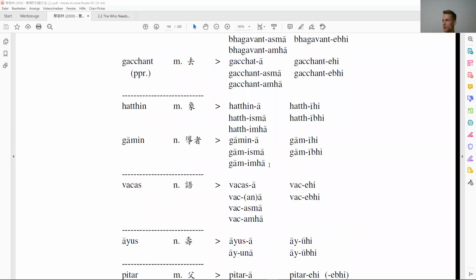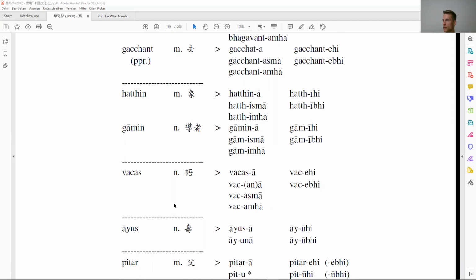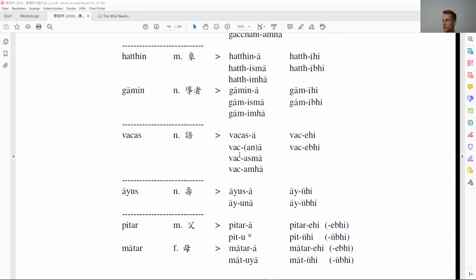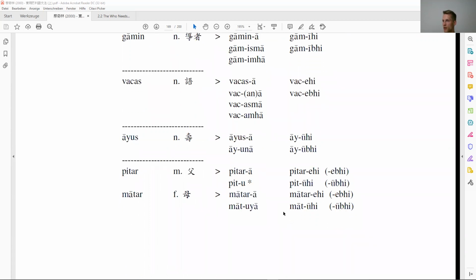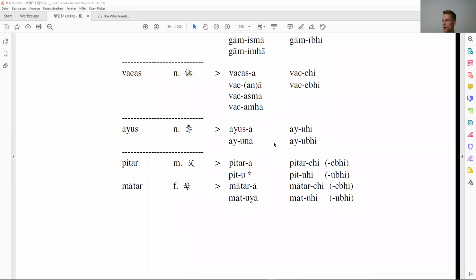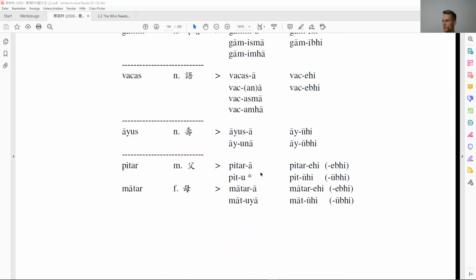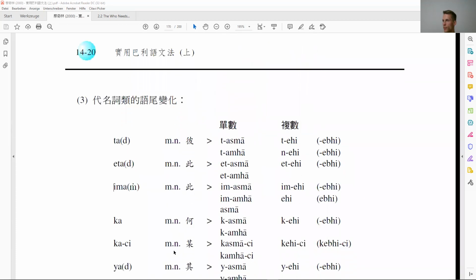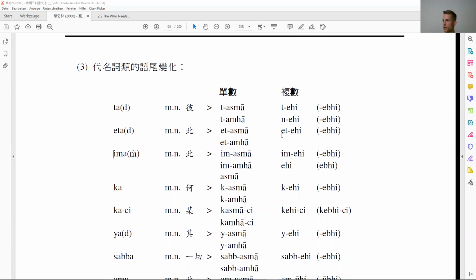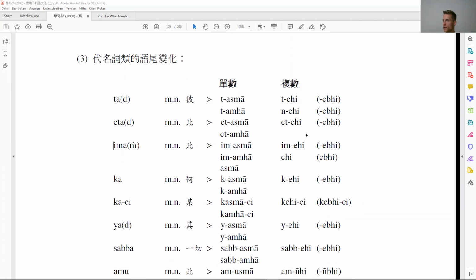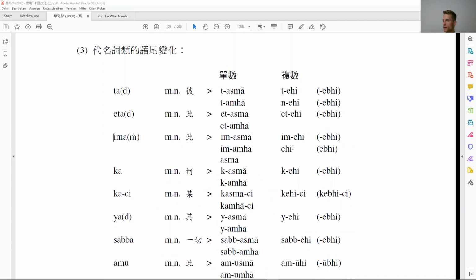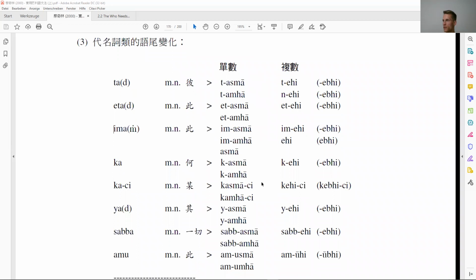Gamin, Gamina, Gamisma, Gamimha, Gamihi, Gamibi, Vajas, Vajasa, Vajana, Vajasma, Vajamha, Vajehi, Vajebi, Ayus, Ayusa, Ayuna, Ayuhi, Ayubi, Pitar, Pitara, Pitu, Pitarehi, Pitarebi, Pitaruhi, Pitarubi, Matar, Matara, Matuya, Matarehi, Matarebi, Matuhi, Matubi, Tat, Tasma, Tamha, Tehi, Tebi, Etat, Etasma, Etamha, Etehi, Etebi, Imam, Imasma, Imamha, Imehi, Imebi, Ehi, Ebi, or Asma, forgot.